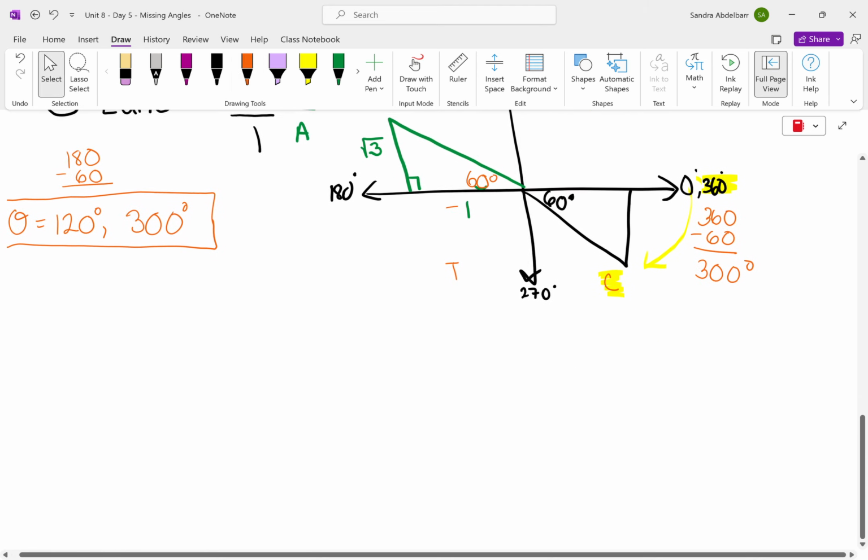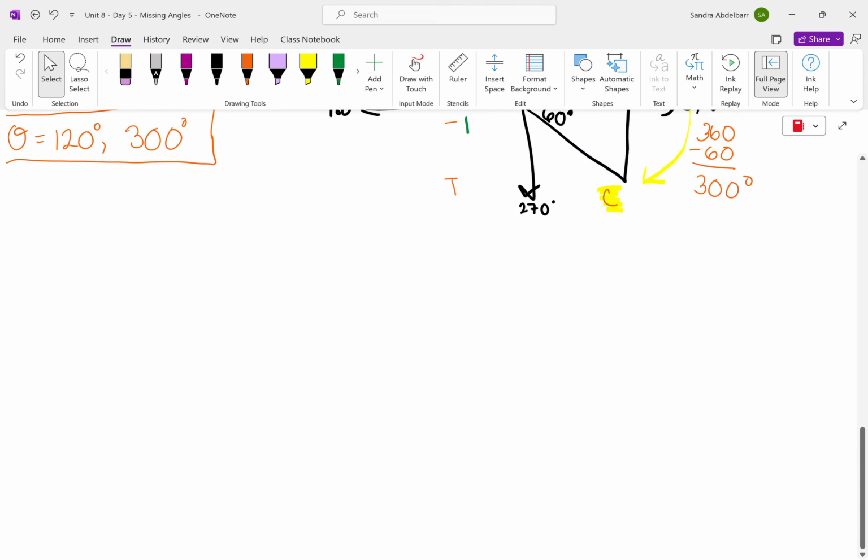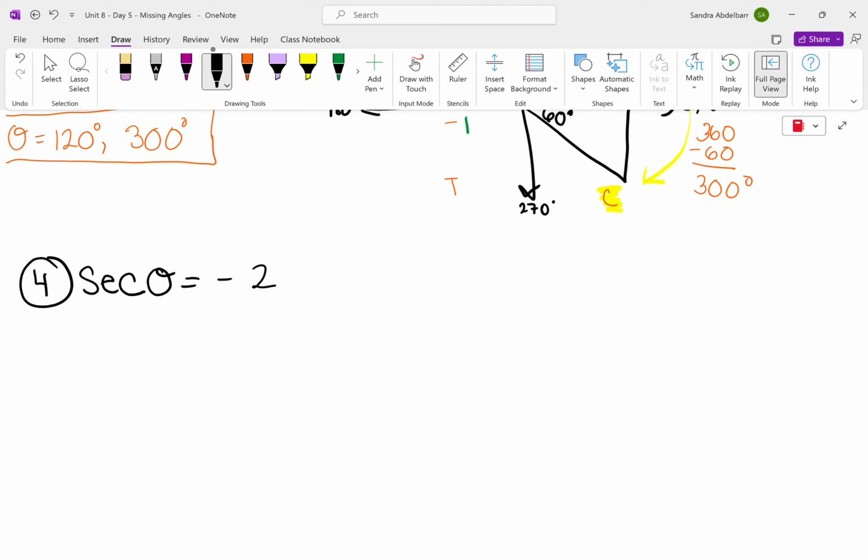All right, let's try another one. Is this it? I have to show you the unit circle, and then that will be it. So we'll do this one, and then the unit circle, and then we'll be done. So this will be the secant of theta equals negative 2 over root 3.